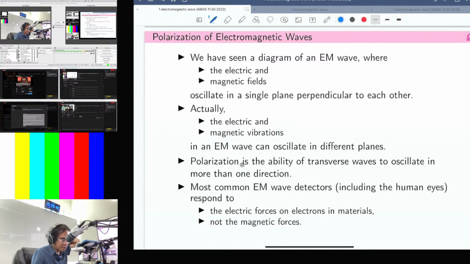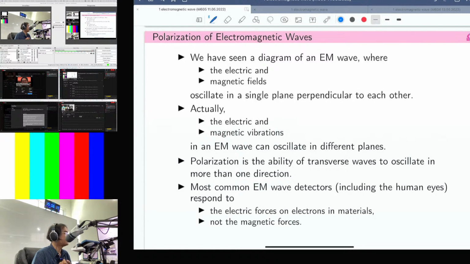Polarization is the ability of a transverse wave to oscillate in more than one direction. This is a special property of waves in nature. It's not as simple as E field perpendicular to B field and so on. Most common electromagnetic wave detectors respond to the electric field, the electric forces on electrons in material, not the magnetic field.